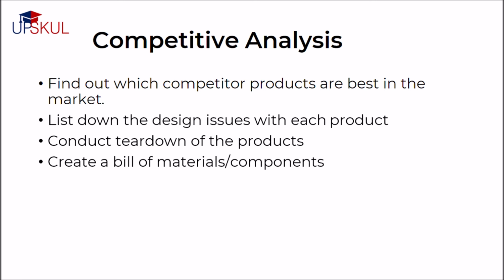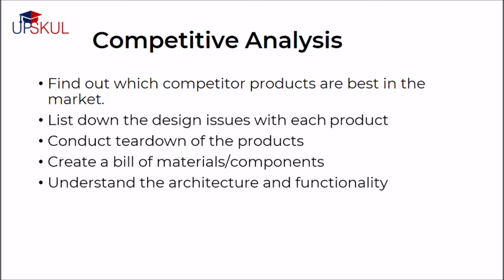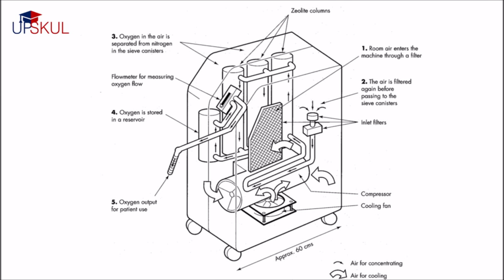List down each of the parts and the quantity in which they are used. Then understand the architecture and functionality. Create a simple diagram like this with all the basic systems in place and broadly understand the functions. This will help you to communicate the product vision better.